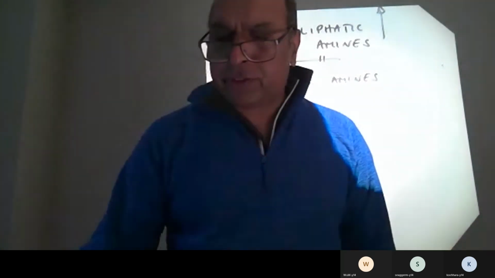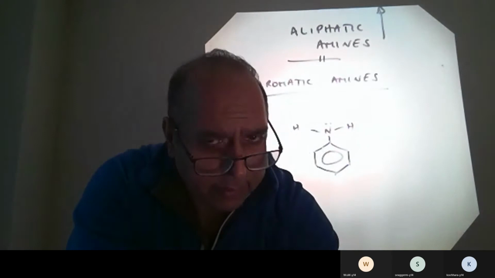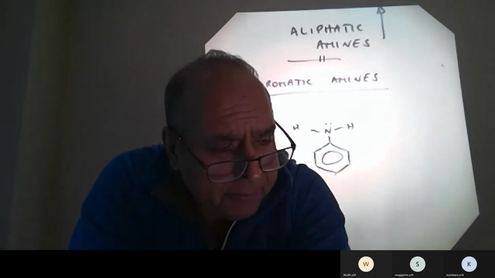For me to carry out this discussion with you properly, I need you to understand the structure of benzene from previous lessons. Now you should know that the benzene ring has 6 electrons.